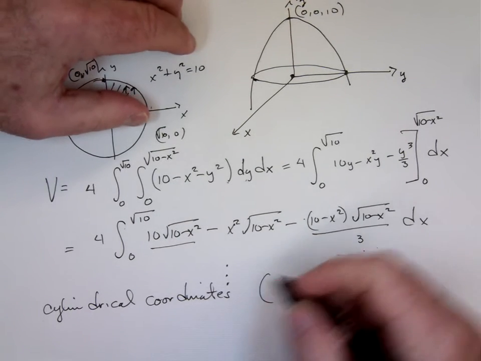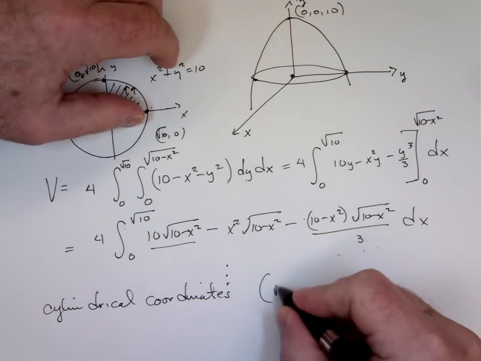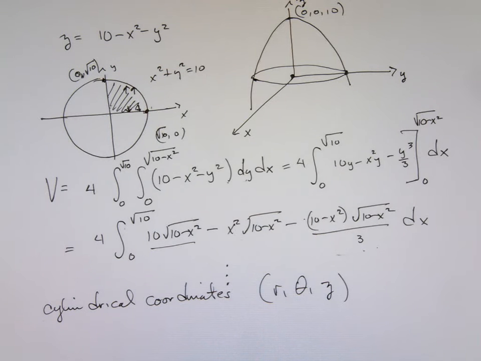Cylindrical coordinates are r's, thetas, and z's. This is our polar coordinate system extended to 3 space. The z's in the cylindrical coordinates are the same z's that we have in rectangular. It's the height above the xy plane. R's and thetas are the same r's and thetas that we have in polar coordinates.